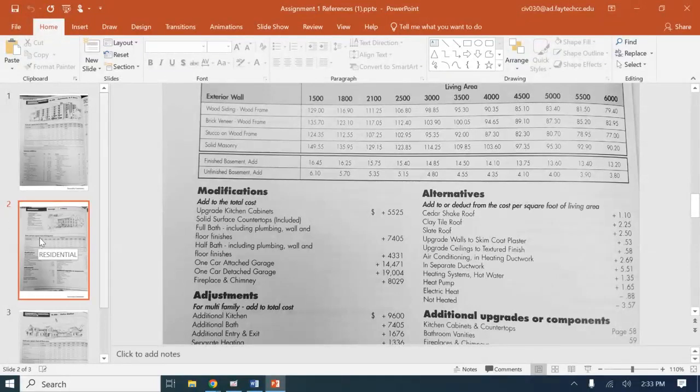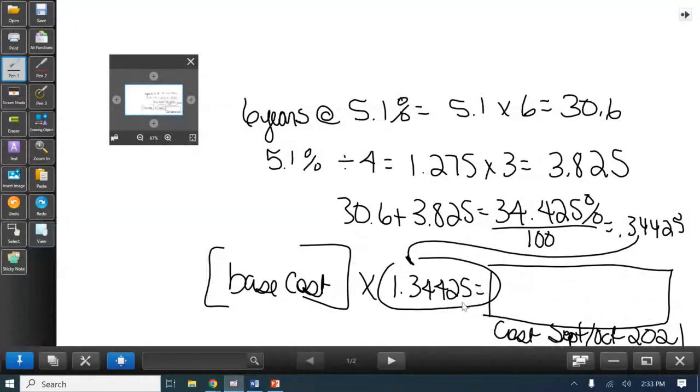All right, then same time, which would be what we figured out: multiplying by 1.34425 to get what it would cost in October of 2021.